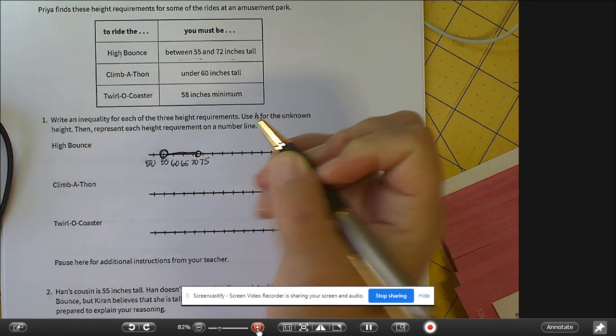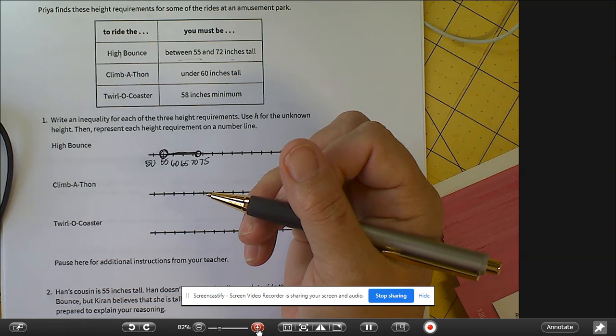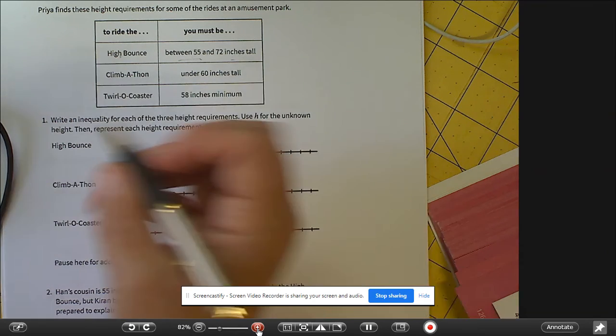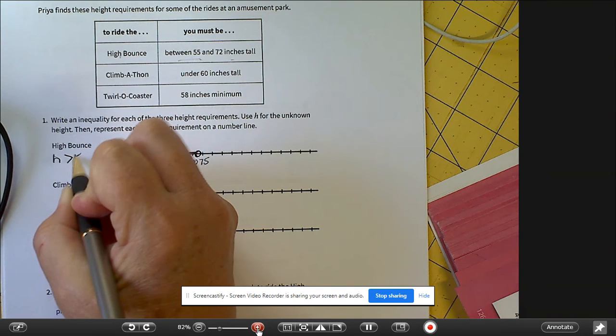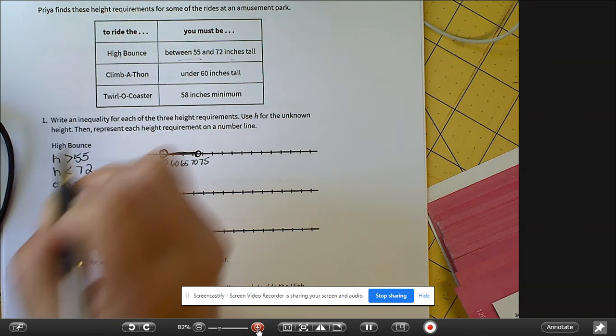So that means between 55 and 72. Your inequality could be the height is greater than 55 and height is less than 72.